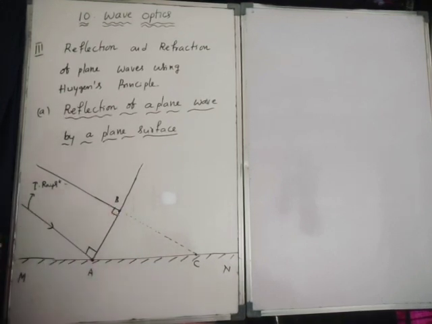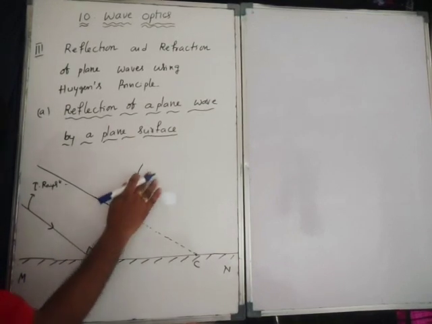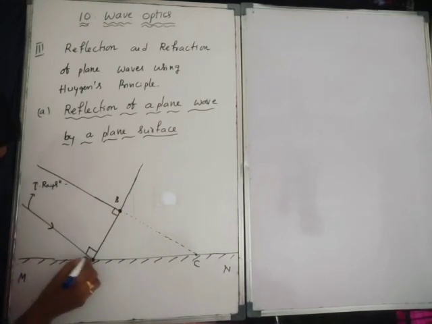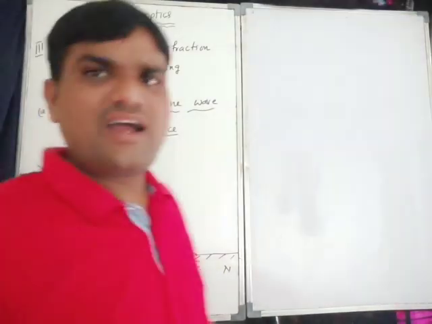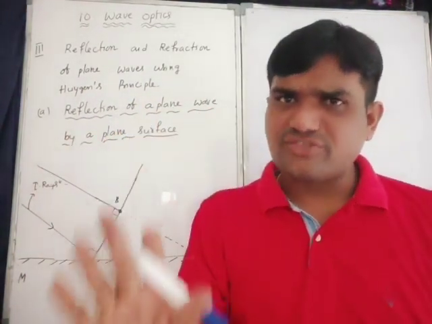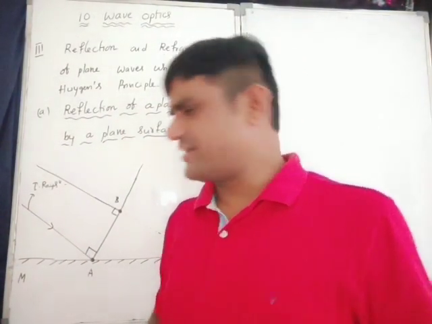Now at point A, you know already, on the wavefront each point gives secondary wavelets. Correct or not?